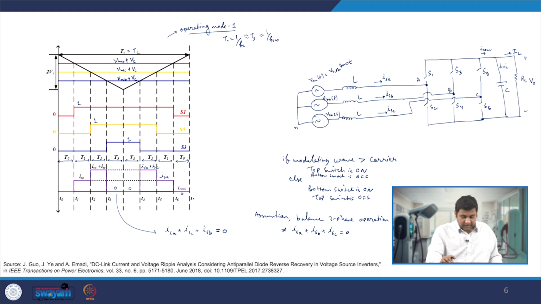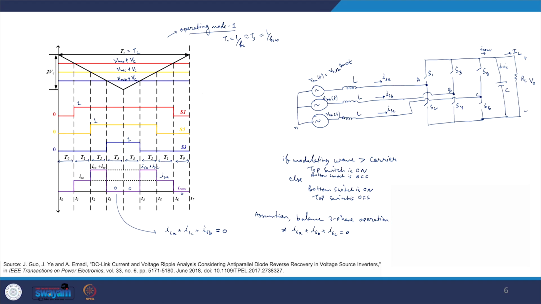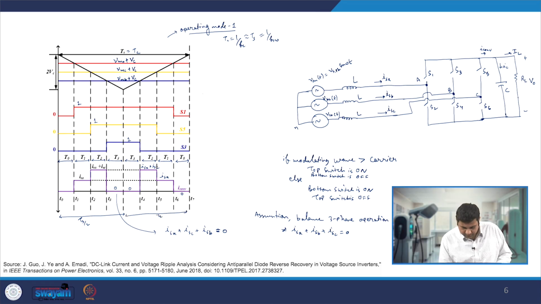Now let us find out what these values T0, T1, T2 will be in terms of my modulating signal. If we see, from T0 to this point is nothing but Ts by 2, half the cycle, and then the other half cycle is another Ts by 2.